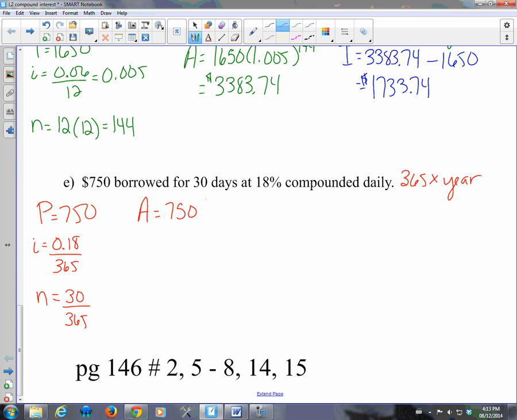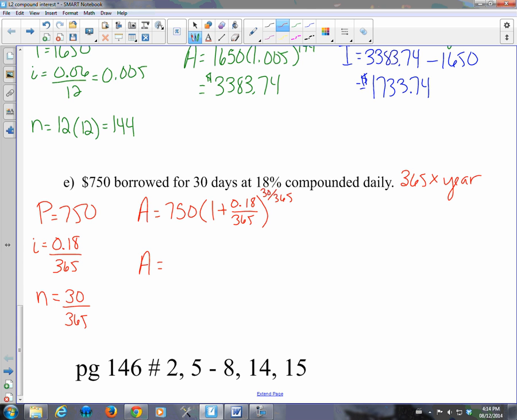So we have 750 times 1 plus 0.18 divided by 365. And then we have part of a year, so 30 over 365 as our exponent. If you had more than a year, then you do 365 times however many years. So now it becomes how good you are at entering in your calculator. 0.18, that to the exponent.